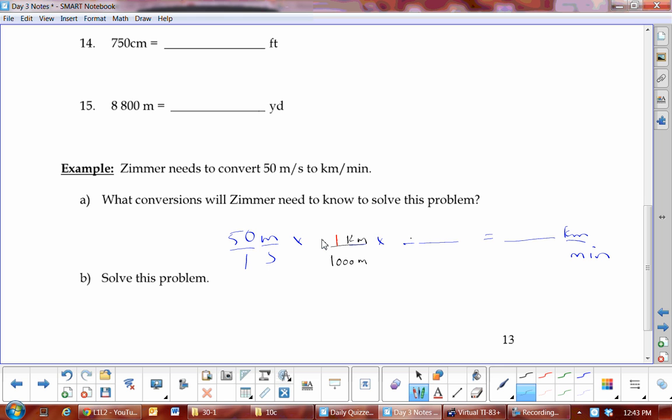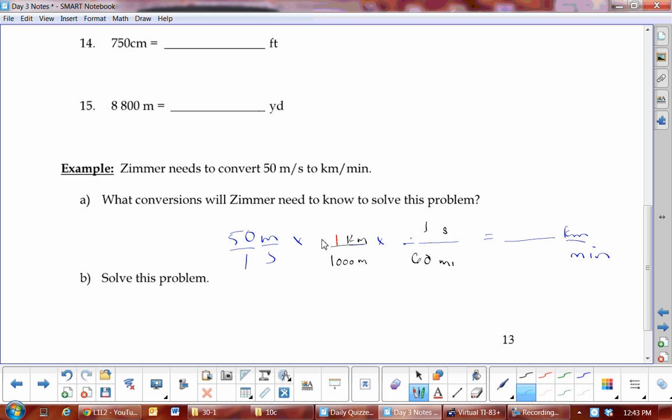No, because your minute will have to be on the bottom, right? Just wait. Well, because you need minute on the bottom over there. But he's messed that up, hasn't he?